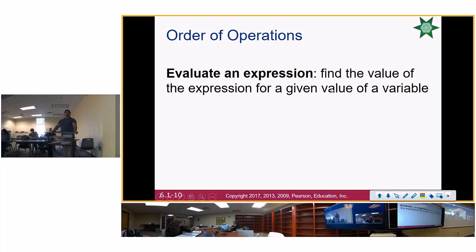When you see the words evaluate or determine, just put equals, plug and chug. Because you're going to see it on the test. There are two types of questions that they will ask you. One is evaluate, and the other is determine. And both of them you're going to plug and chug before you do anything.